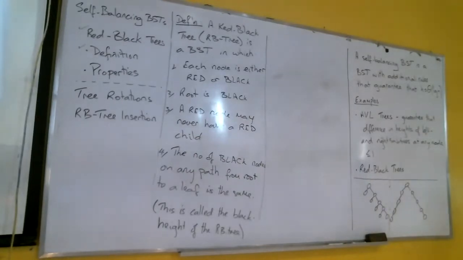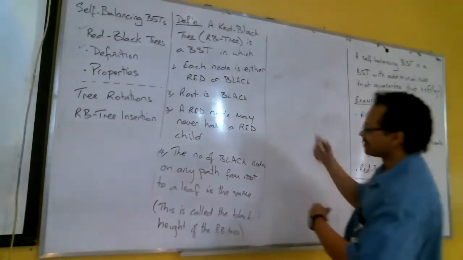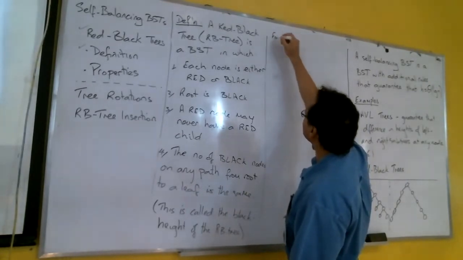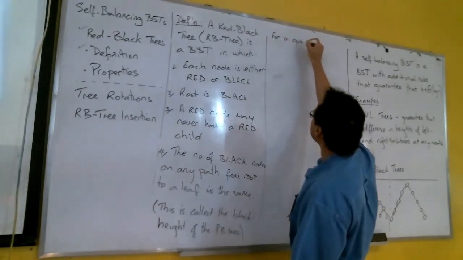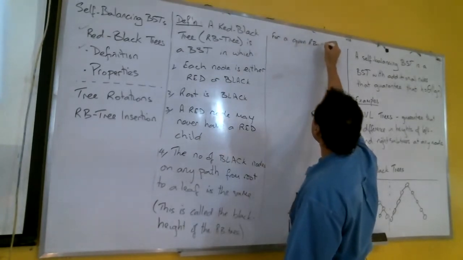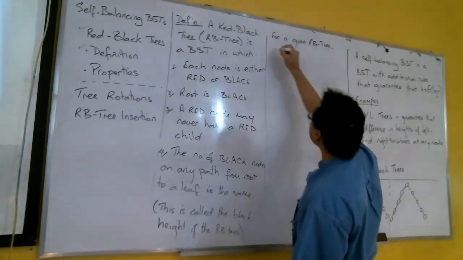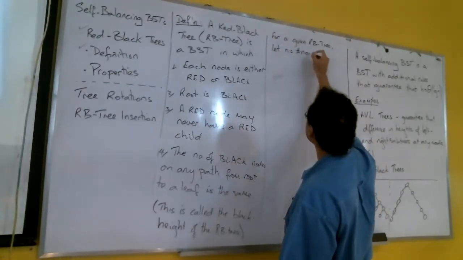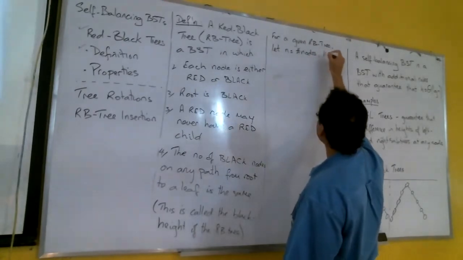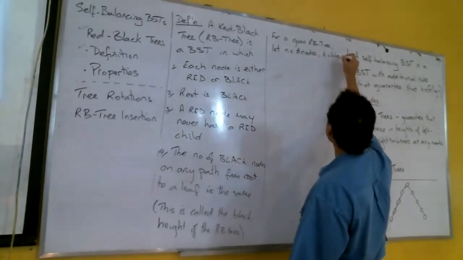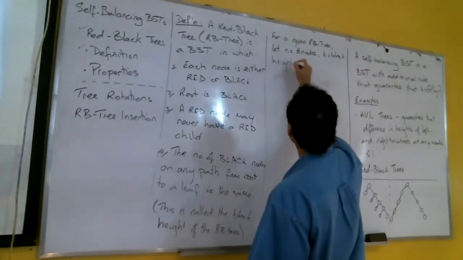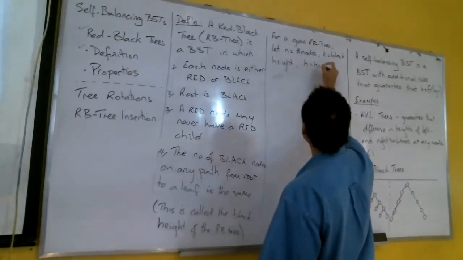So here we go. For a given red-black tree, let n be its number of nodes, let k be its black height, and let h be its height.